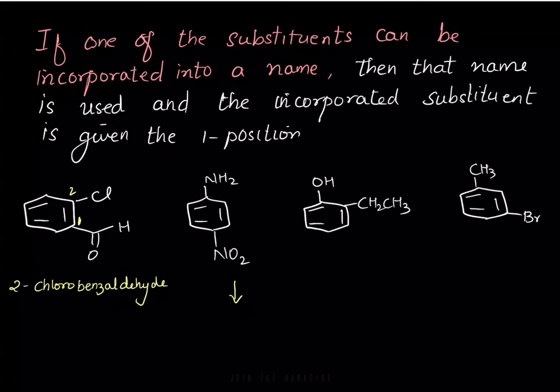So let's try to name this one. So here is going to be number 1, 2, 3, and then 4. Therefore this should be 4-nitroaniline, or it can be para-nitroaniline.